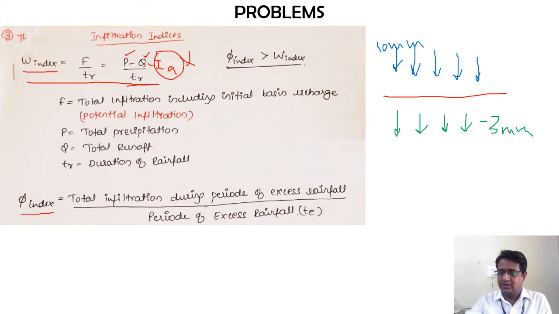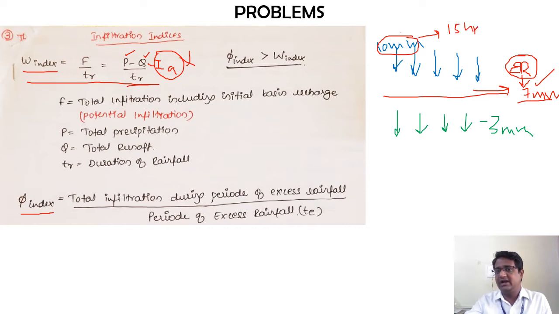The remaining water, that is 7 millimeters of water, is going to go out as runoff. So if you consider only the rainfall which is causing the 7 mm of runoff, that rainfall you call excess rainfall. So imagine this 10 mm of rainfall which was there, which is occurring for a duration of, let us say, 15 hours.